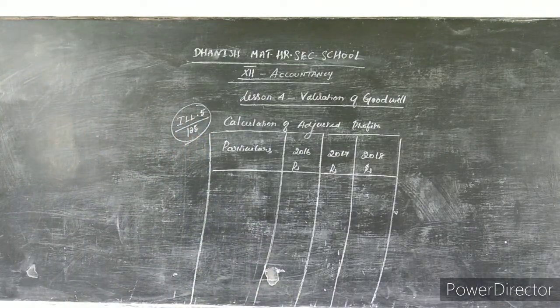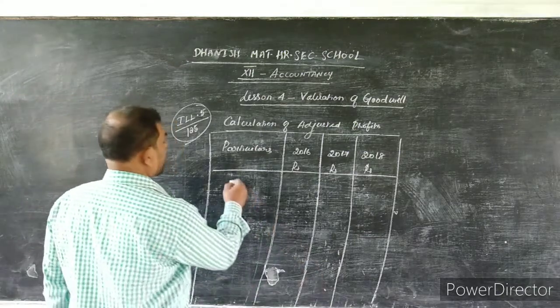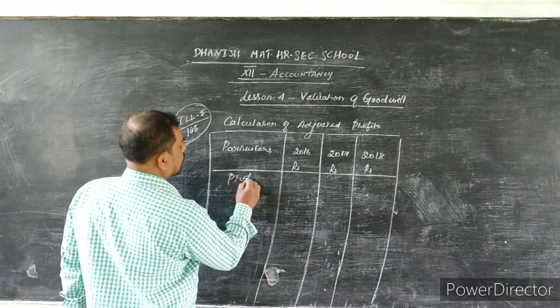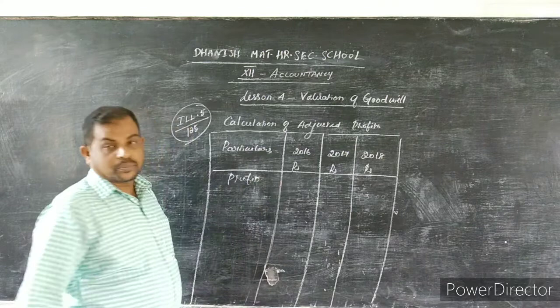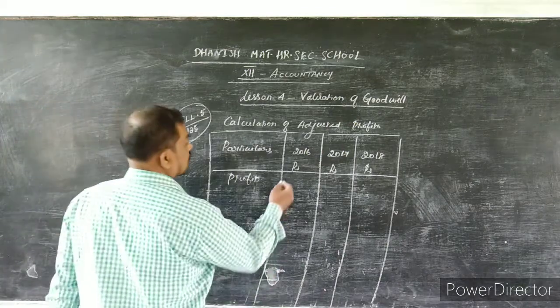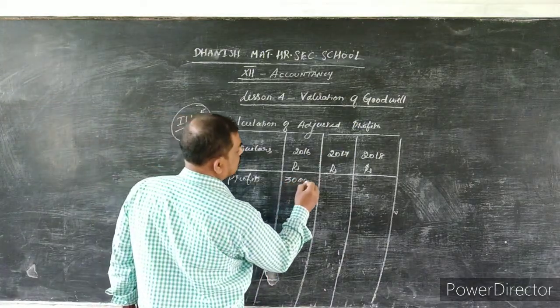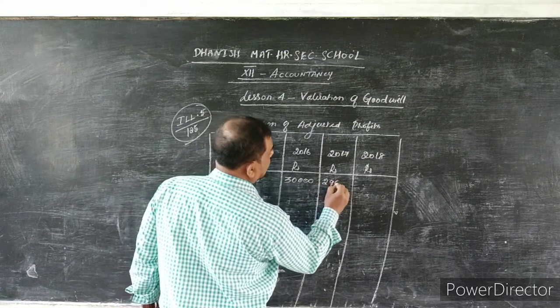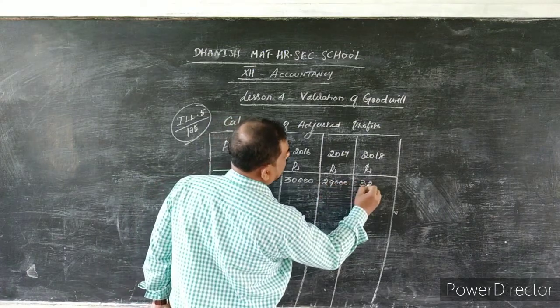Okay. Profits. What are the profits they have given? Profits in rupees: 30,000, 29,000, 32,000.